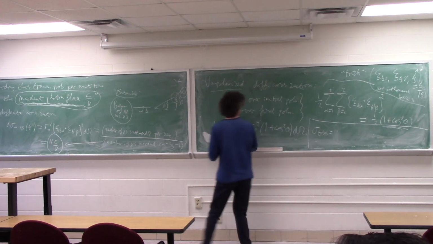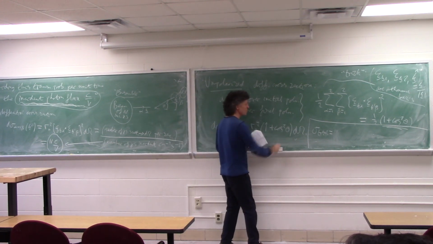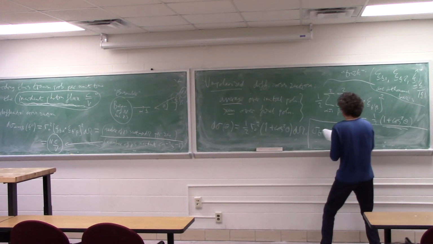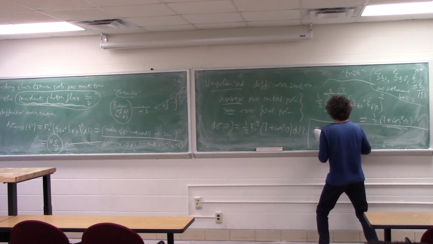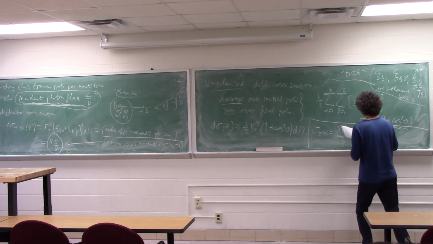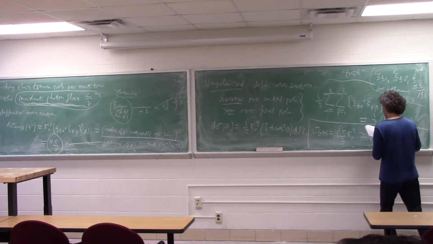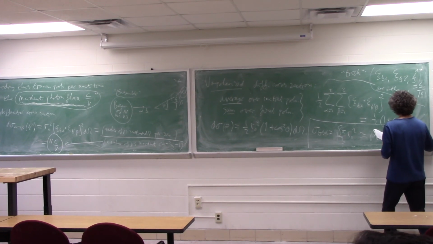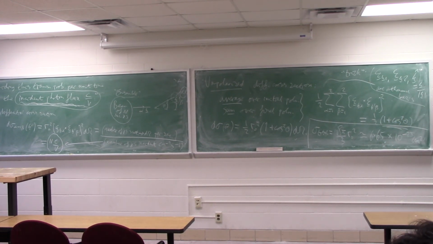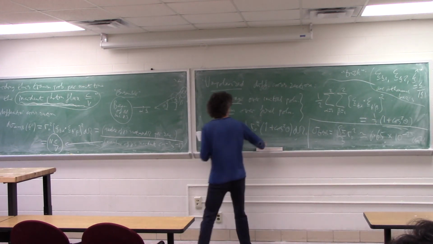I just have to integrate over d omega, where d omega is d cos theta d phi, of 1 plus cos squared theta. Fairly straightforward. You find it is equal to 8 pi over 3 times r0 squared, which is about 6.65 times 10 to the minus 25 centimeters squared.